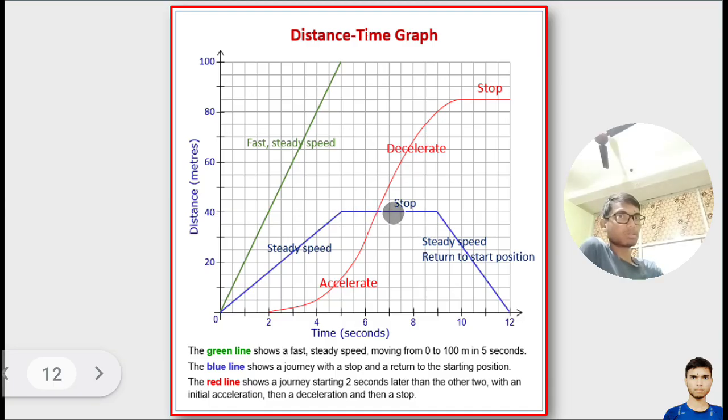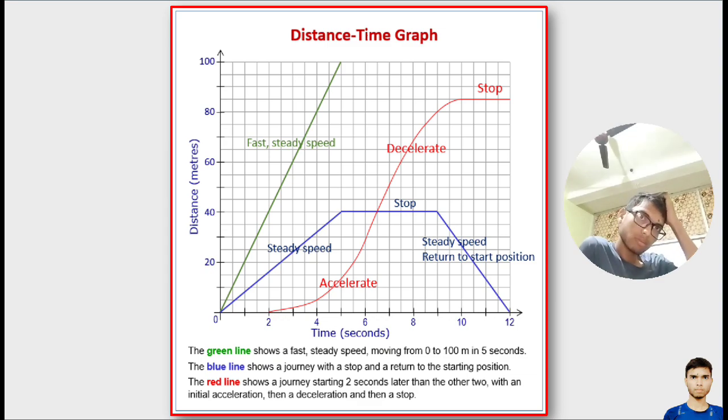Now it is going from upward to downward, then acceleration would be negative. From upward to downward is considered as negative acceleration.